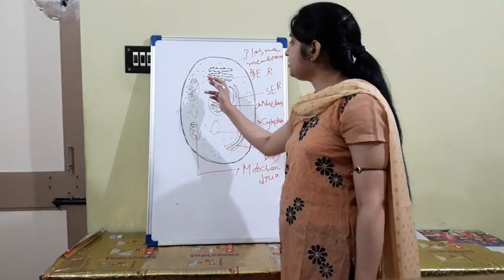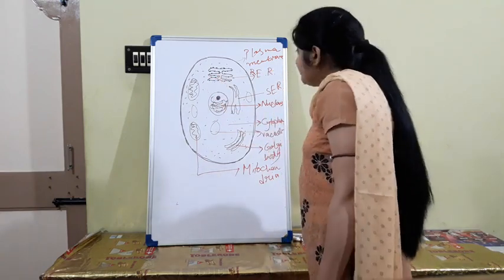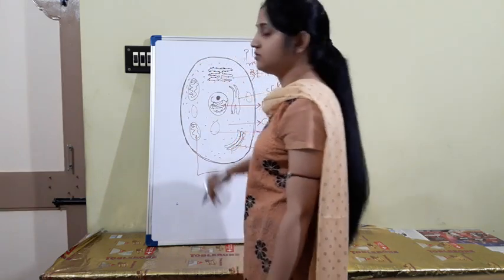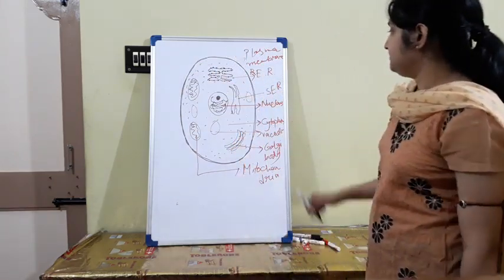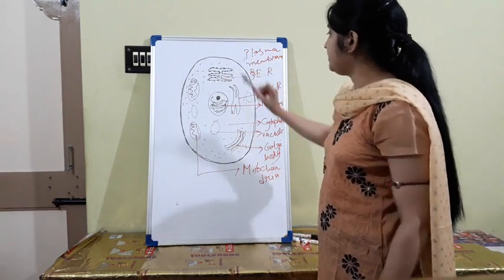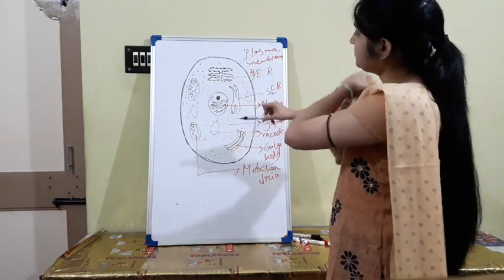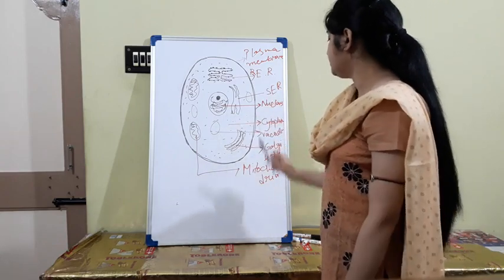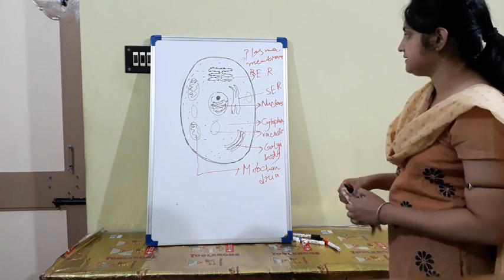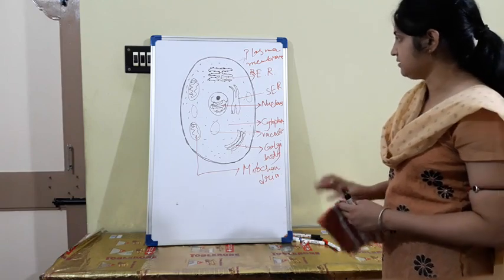If it is a plant cell, another outermost covering will be present, that is called the cell wall. Okay, nucleus, endoplasmic reticulum, rough endoplasmic reticulum, smooth endoplasmic reticulum, vacuole, cytoplasm, Golgi body, mitochondria. These types of components are present in a cell and they make the cell completely full.